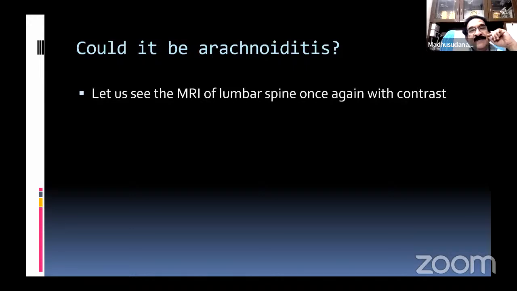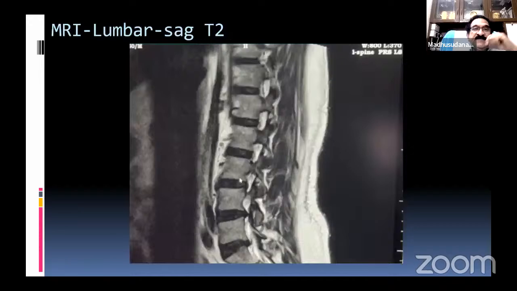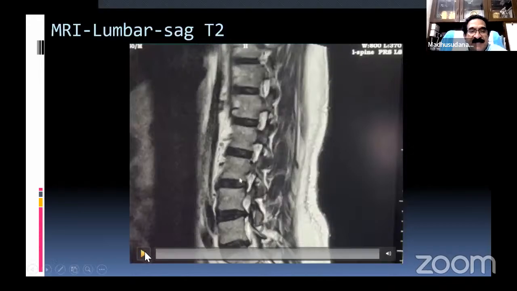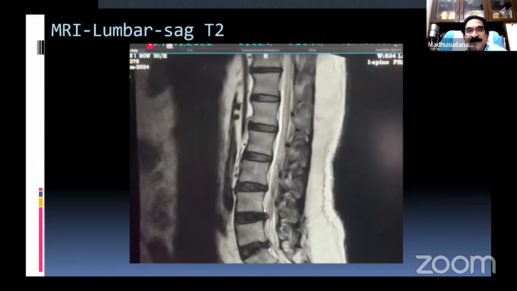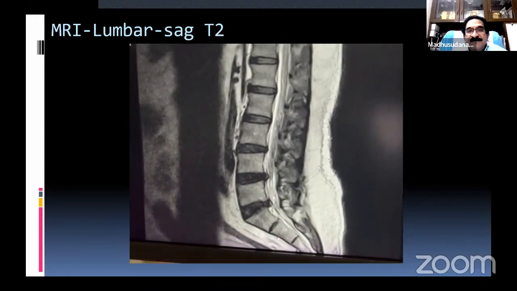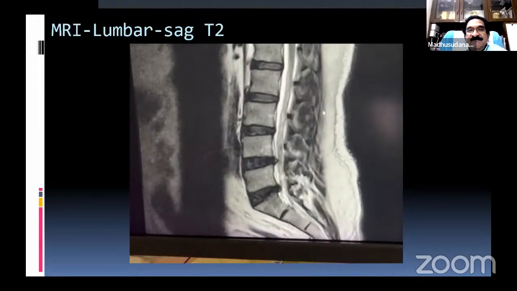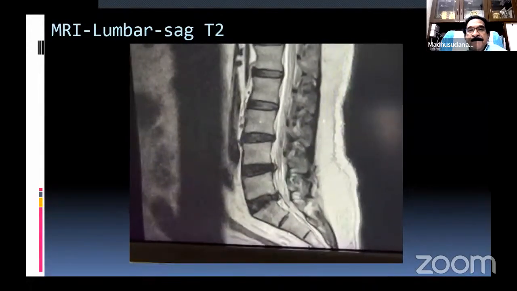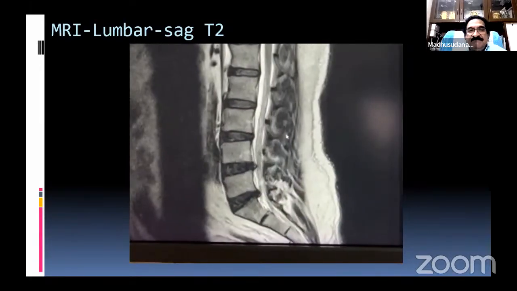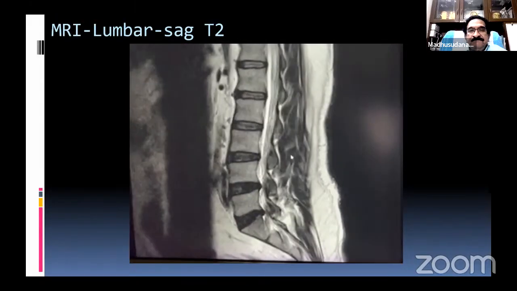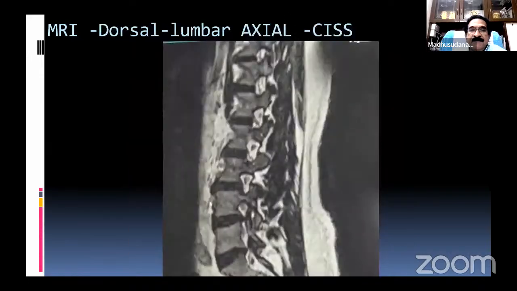Let's see the MRI of the spine once again, whether it could be arachnoiditis or not. So, this is a T2 MRI lumbar spine. If you look at the cauda equina, it's all clumped together. See? It's not like separate roots. Looks clumped together. Also, one more picture.